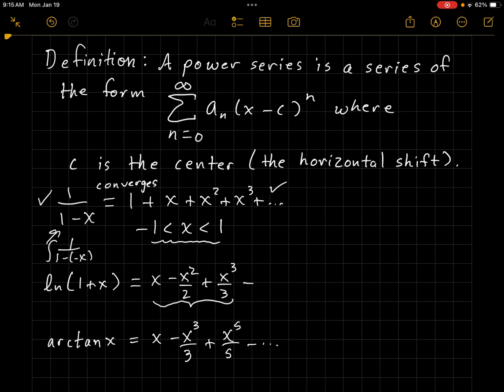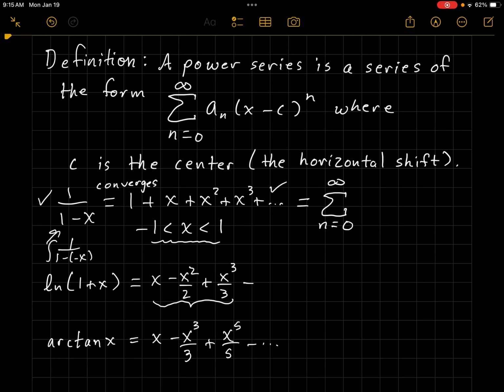Now, I didn't talk about when these things converge, and I will do that in the next video. Instead here, I want to get you used to sigma notation. Not only writing the series in sigma notation, but being comfortable manipulating the sigma form of a series.